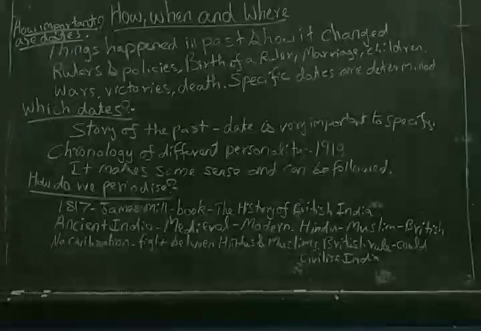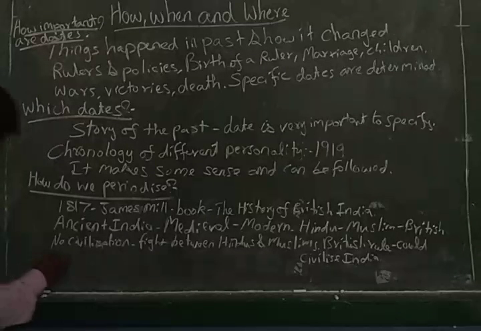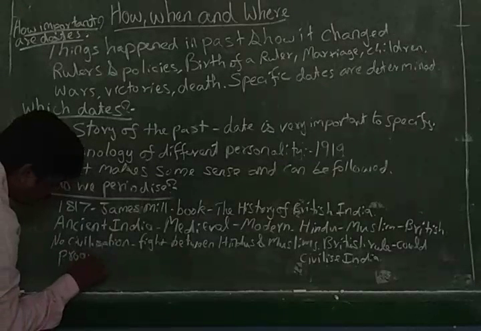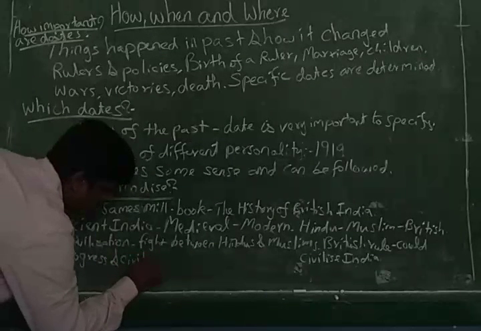Okay, ma'am. And not only that, but in his idea of history, he mentioned that British rule represented all the force of progress and civilization. Right, ma'am? So the British were the only people who brought progress and civilization to India.